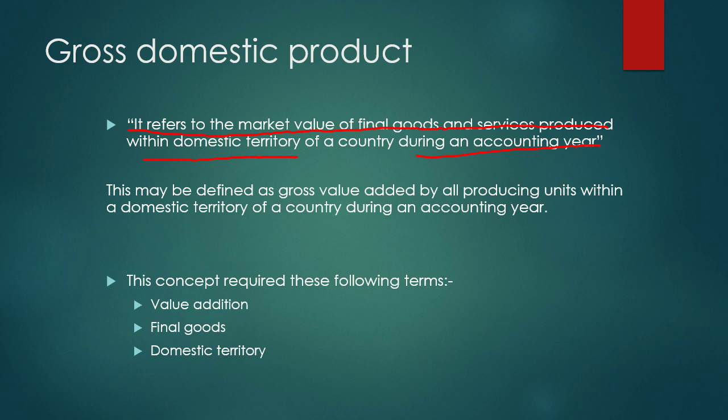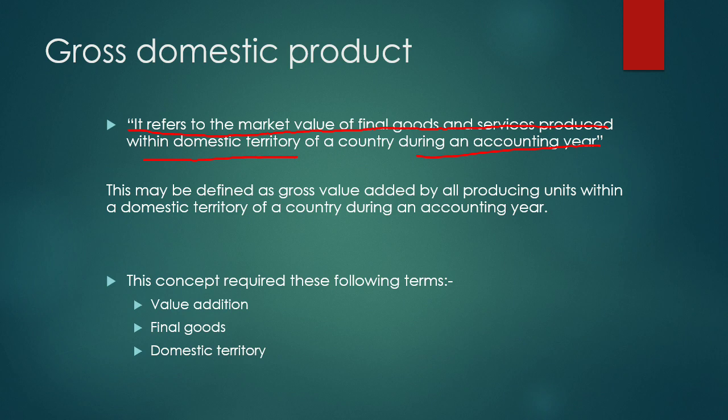It can be a producer also, it can be a consumer also, right? So if we measure GDP, we will have to calculate the price of final goods. What is the price of the final goods of all commodities? If we sum the value of all those goods, we can get the gross domestic product.